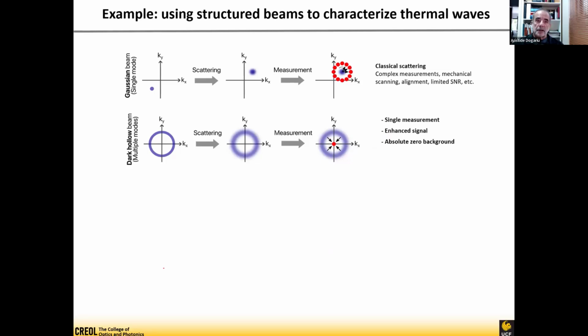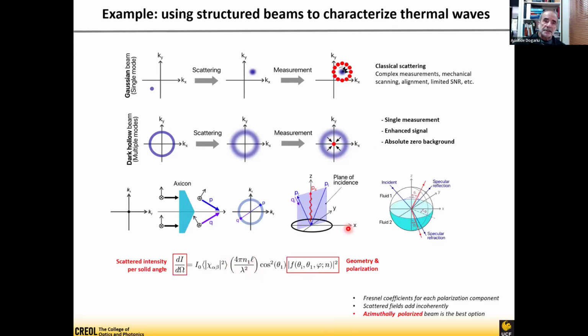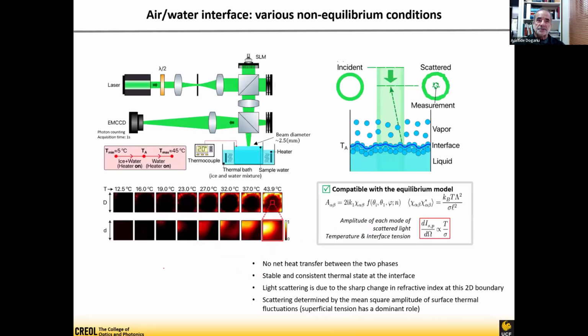And we applied this to the interface between water and water vapor with an azimuthally polarized one of these Bessel beams. This is the experiment.